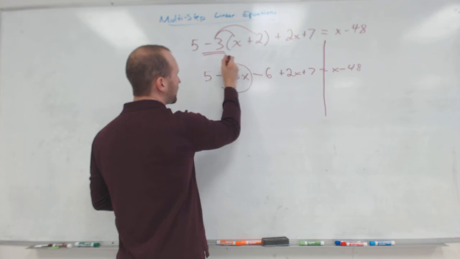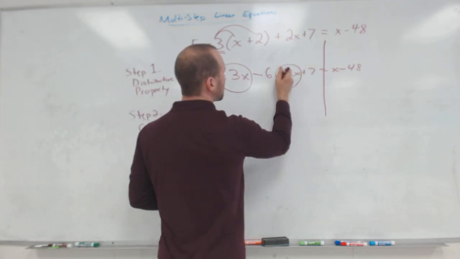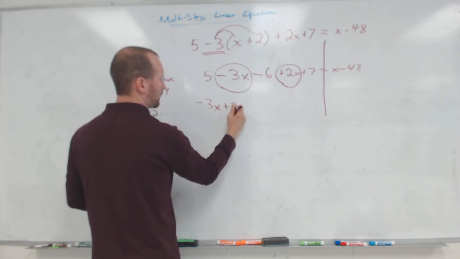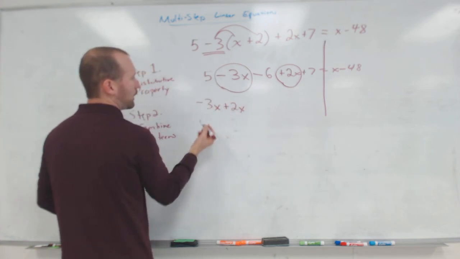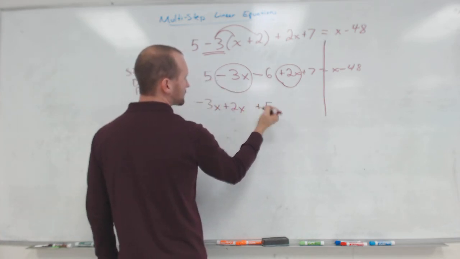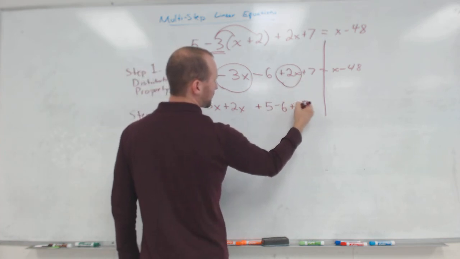So for example, over here I have minus 3x and plus 2x. And then I have a 5. So I'll write plus 5 because it's positive, minus 6, and plus 7.